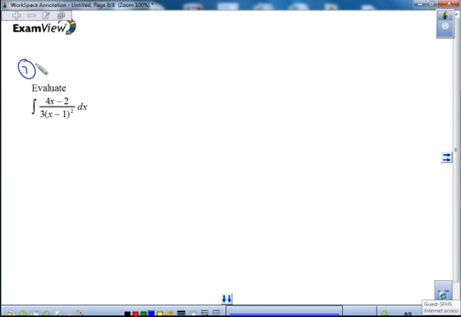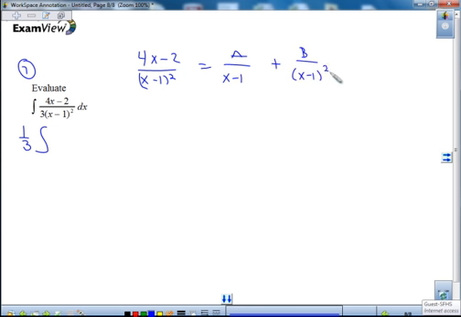Number 7, we're also going to use partial fractions. The 1/3, I'm going to write on the outside, so I don't have to worry about it until the very end. Since it's a square, this one's a little bit different. I have to write a over x minus 1 plus b over x minus 1 squared.